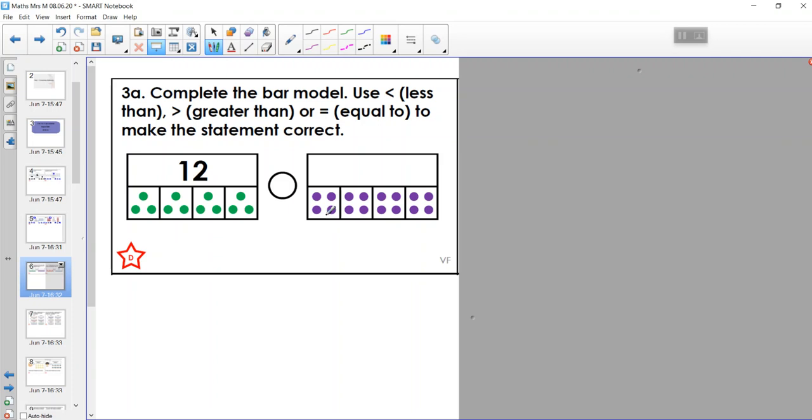How many times do we have it? 1, 2, 3, 4. 4 times 4 is 16. So is 12 less than, greater than, or equal to 16? And you're right, 12 is less than 16.